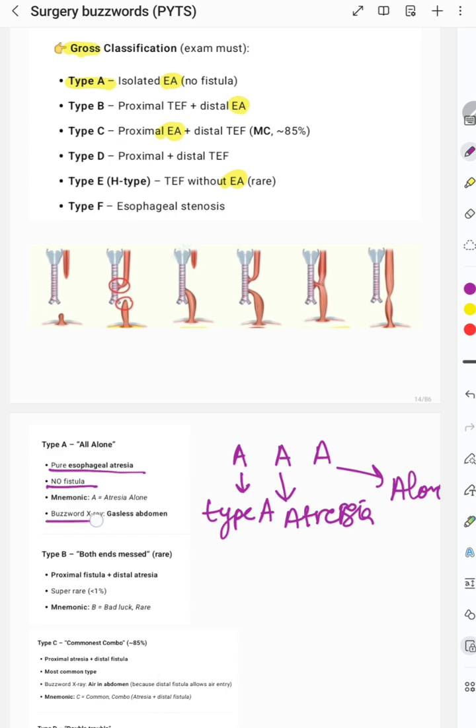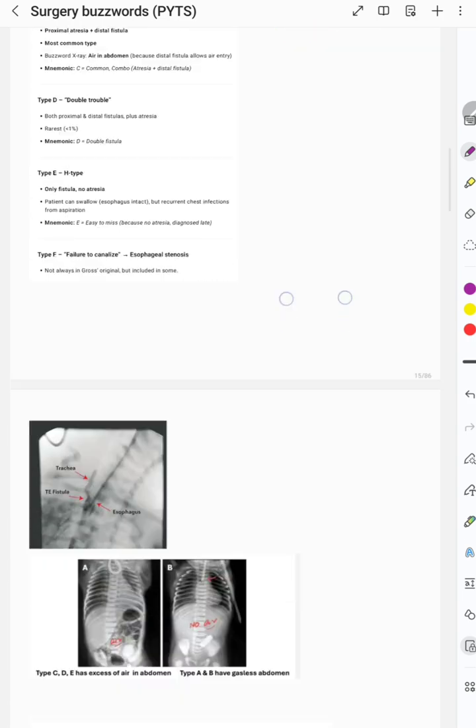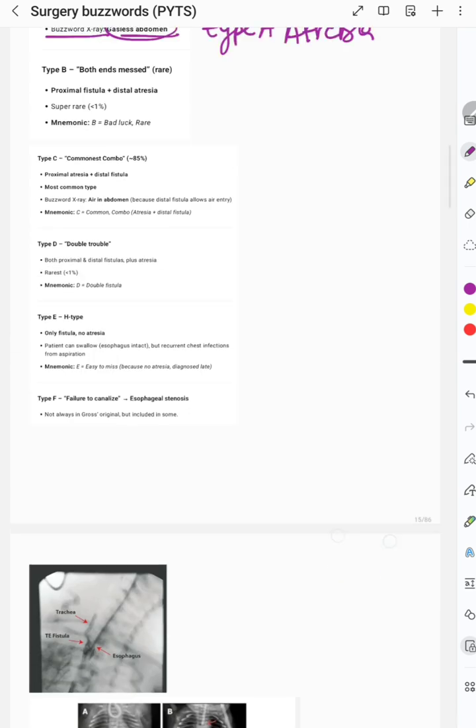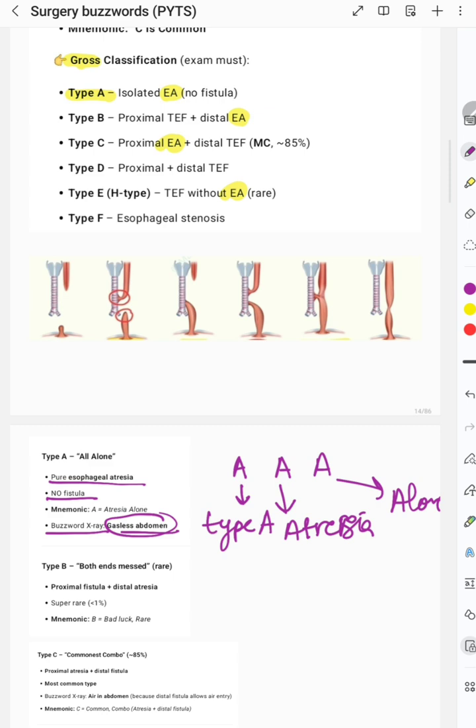And one thing: when the examiner wants to give us a clue that he is talking about type A, the buzzword will be gasless abdomen on X-ray. See, this is type A and B, always there will be gasless abdomen. And for types C, D, E, in the clinical history they can mention that there is air in the abdomen. Why will there be a gasless abdomen?